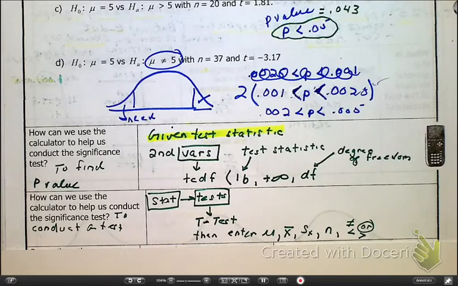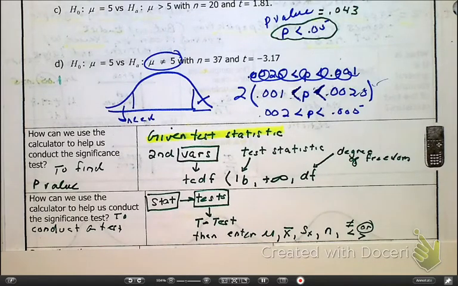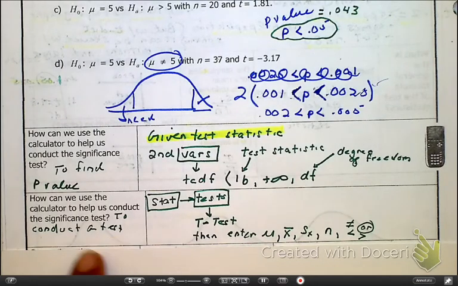Now we are almost ready to do a complete hypothesis test for a T test. So as I take you to the second one, how do we use the calculator to conduct a significance test?